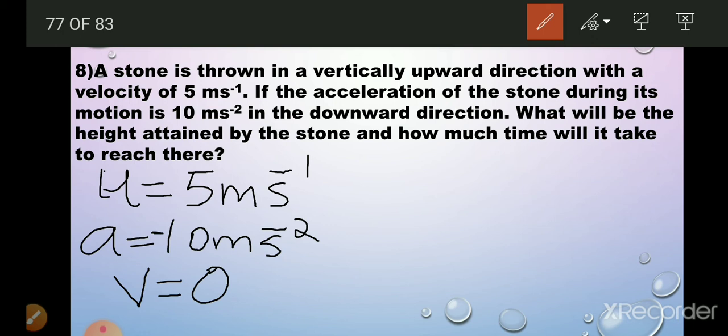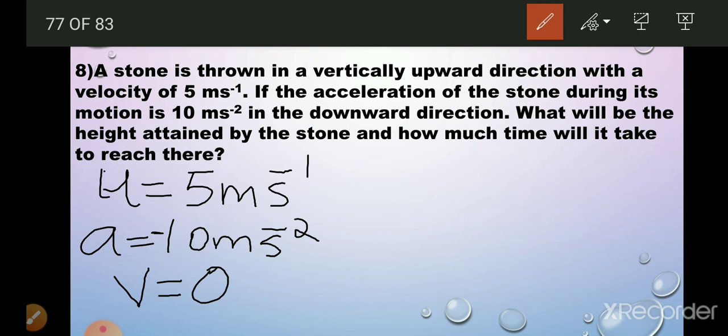That means it comes to rest at the maximum height. So velocity v is taken as 0 because it is at rest, and acceleration is negative because it is in the downward direction. For the maximum height, let us take the distance as s.